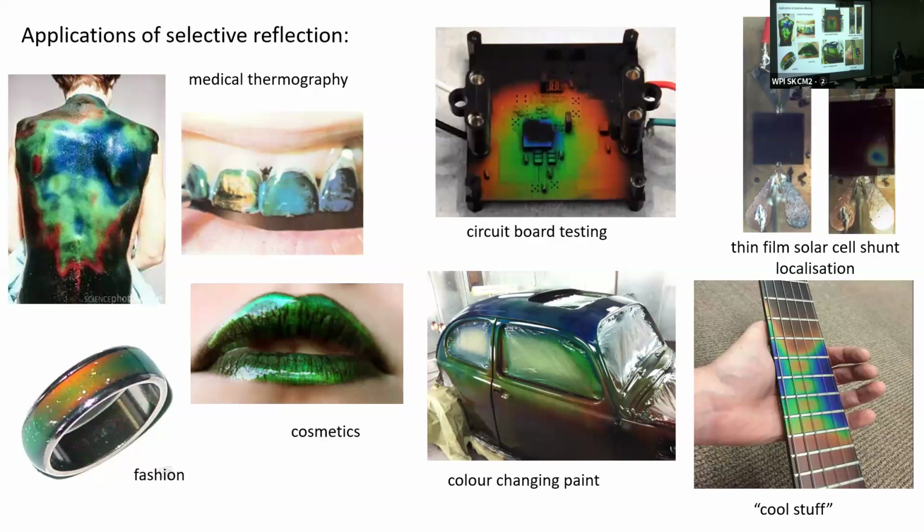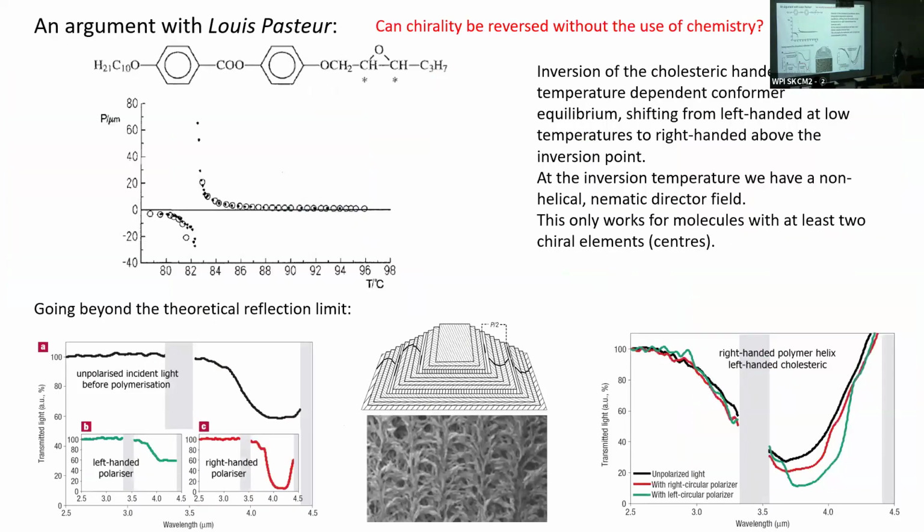I would think that is very popular in Japan. But that you can do with polysteric helical structures rather than polymerized as a paint. Or you can make just other cool stuff. So these are applications of selective reflection.